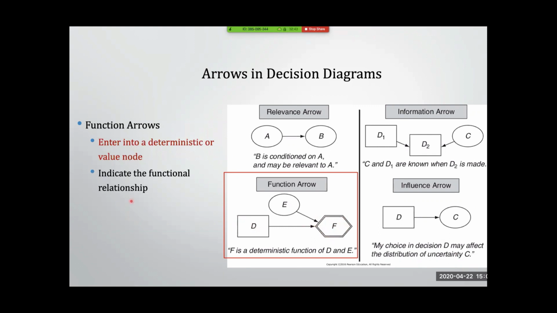It indicates the functional relationship, going from E to F or going from D to F. An input in D determines the value of F rather than just influencing it. A direct value arrow is the special type of functional arrow that enters into a value node. So over here, both of these would be called direct value arrows because they are entering into a value node.